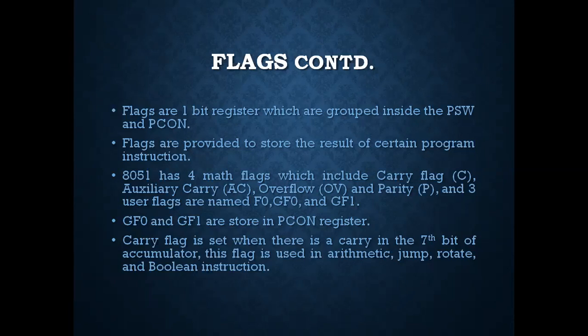The first to 4th bits are the lower nibble, and the 5th to 8th are the higher nibble. When 2 hexadecimal numbers are added, their lower nibbles are added up, and if some carry occurs at the leftmost bit of the lower nibble, then the auxiliary carry will be set.